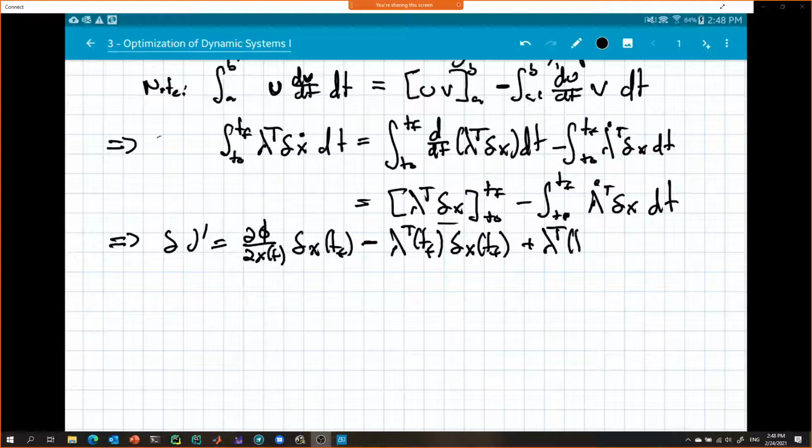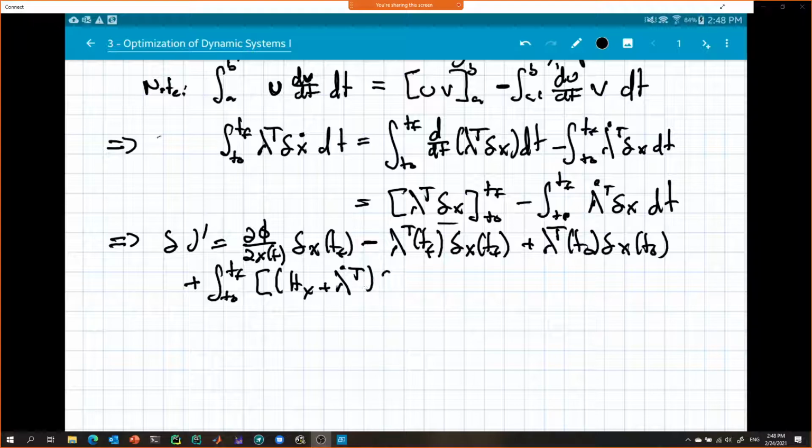We do the same thing at the initial point. And then we get everything else that is in the integral. And here I'm using subscripts for the partials.